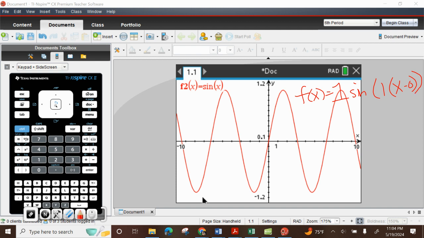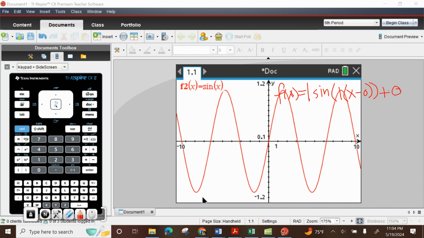I can't get all of this on the screen, so let's try this one more time. You have f of x equals 1 sine of 1 x minus 0 plus 0.